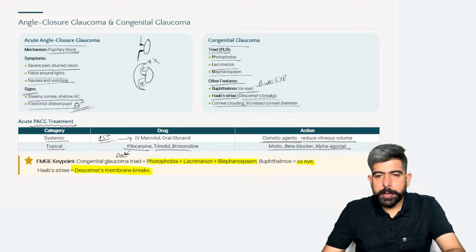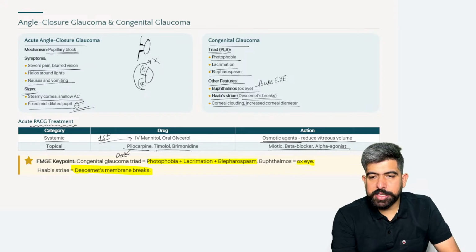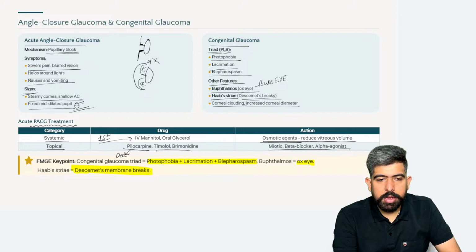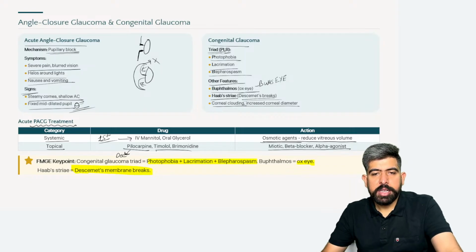Let's move forward. Let me know in the chat box, is the speed okay, guys? We are done with the three topics. So let's move forward to the next topic.